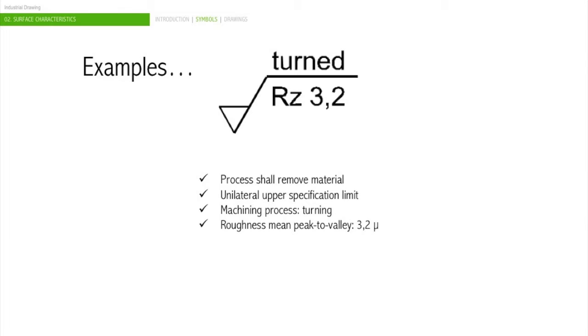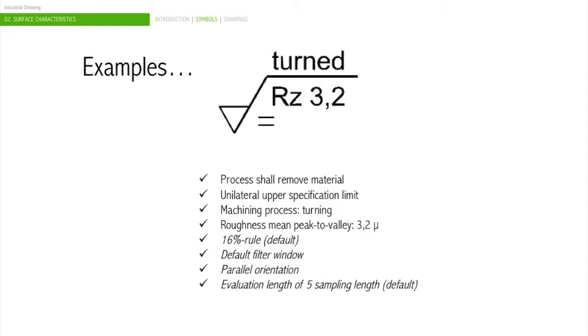The roughness mean peak to valley value is 3.2 microns. We're going to use the 16% rule with a default filter window, with a parallel orientation and an evaluation length of 5 sampling lengths.